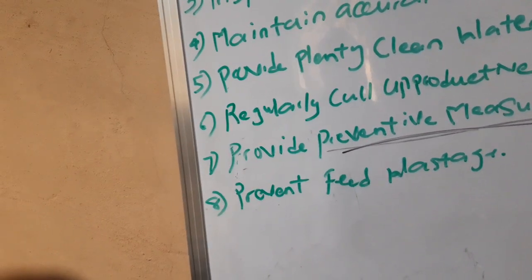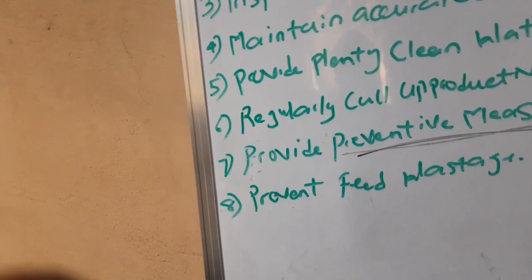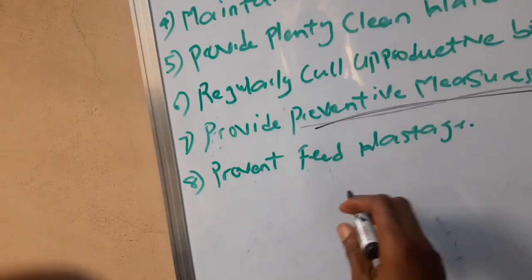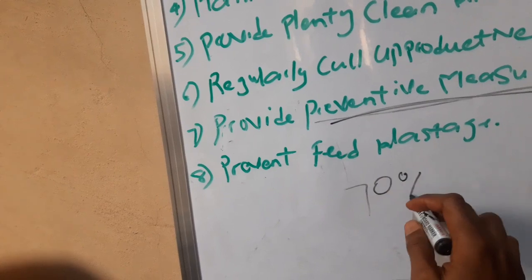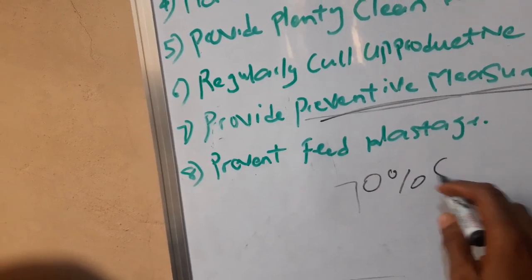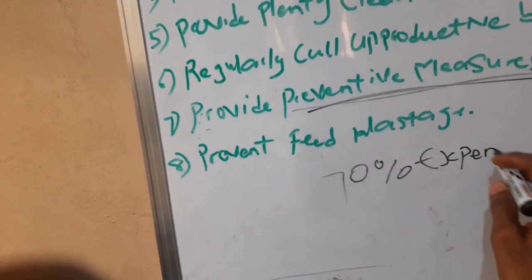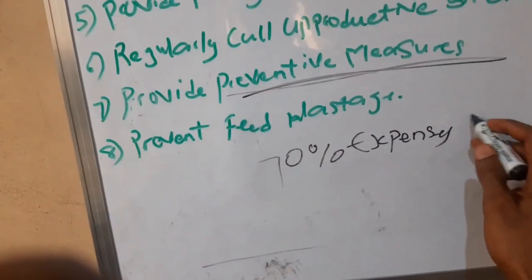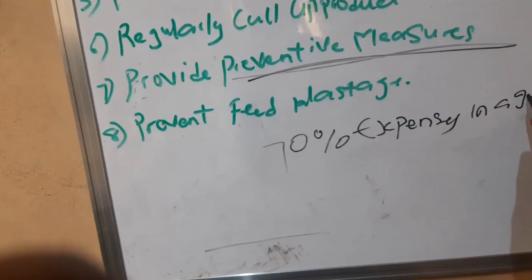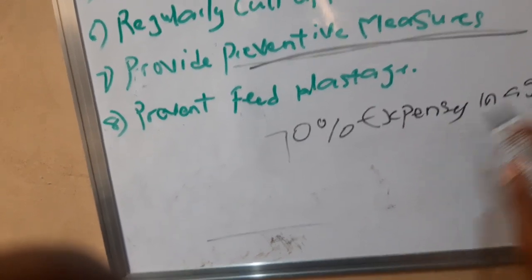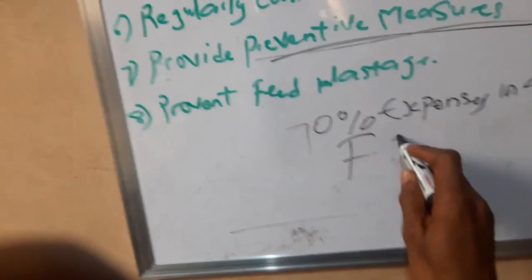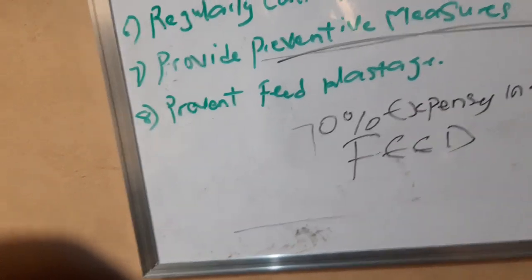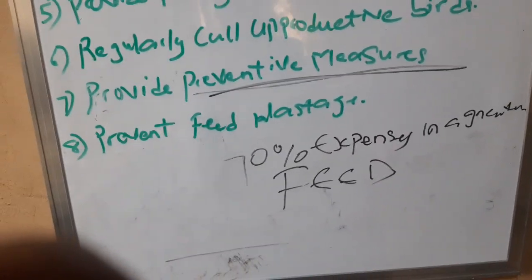The eighth one is to prevent feed wastage. As I said before, 70% of expenses, even in agriculture as a whole, is actually feed.